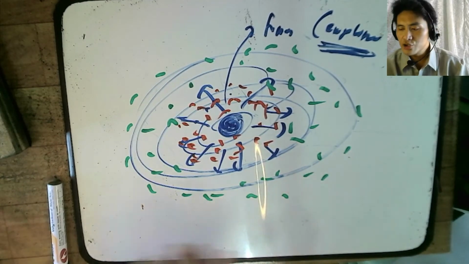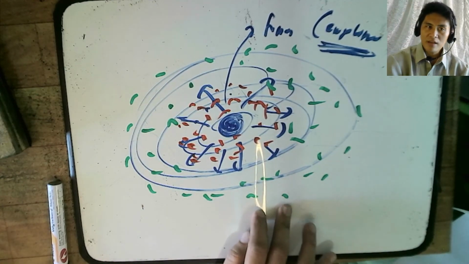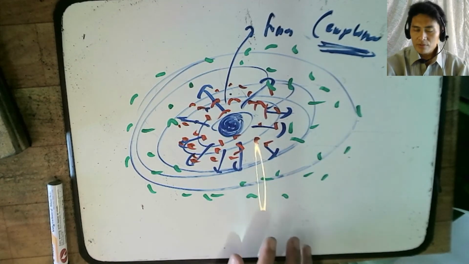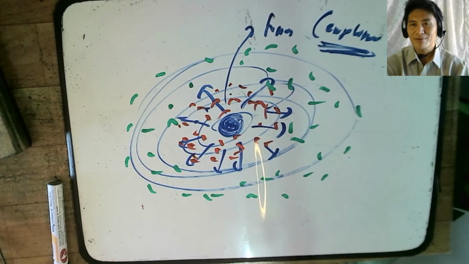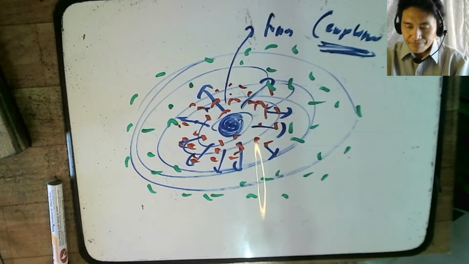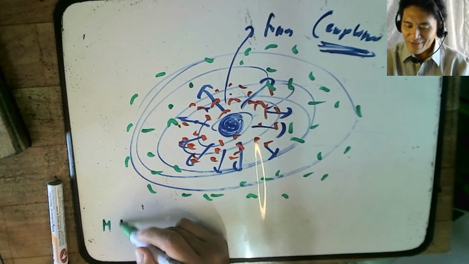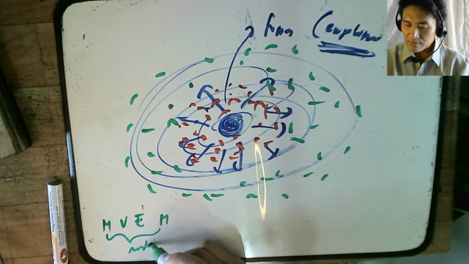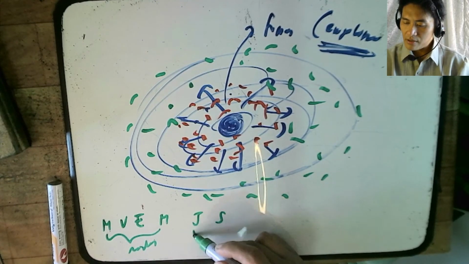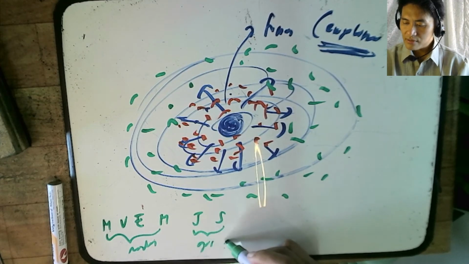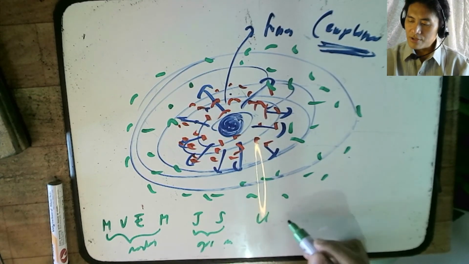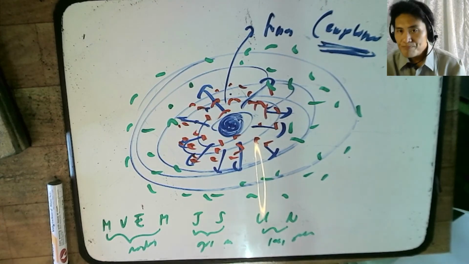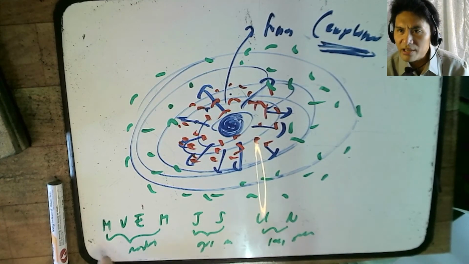Oh yes, Saturn. Sorry, forgot about Saturn. Mercury, Venus, Earth, Mars are rocky planets, and then Jupiter and Saturn are gas giants, and then Uranus and Neptune are icy planets.